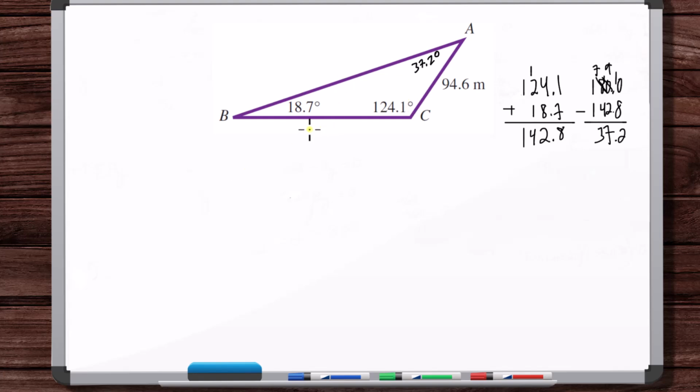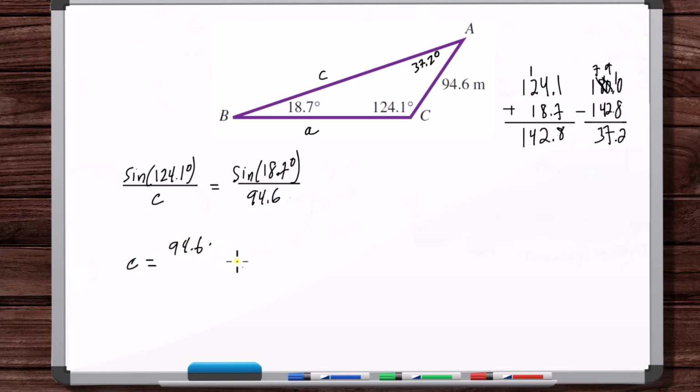All right, this is side length A. This is side length C. So, okay, sine of 124.1 degrees over side length C is equal to sine of 18.7 degrees over 94.6. So we can see that C is going to be 94.6 times sine of 124.1 degrees over sine of 18.7 degrees.